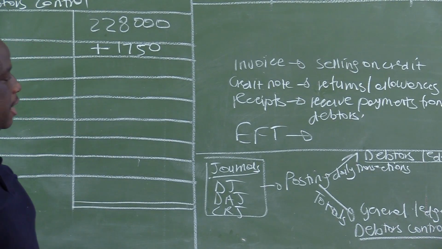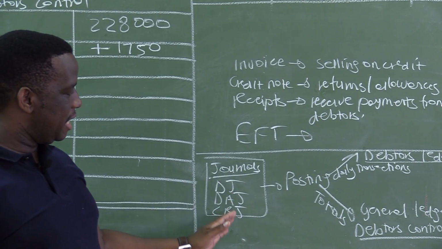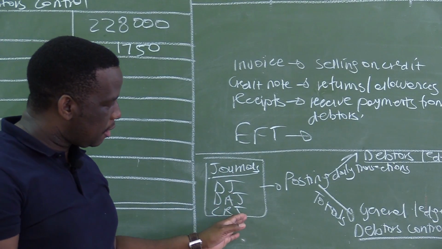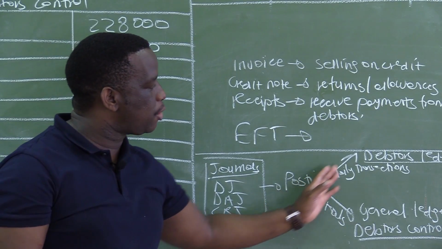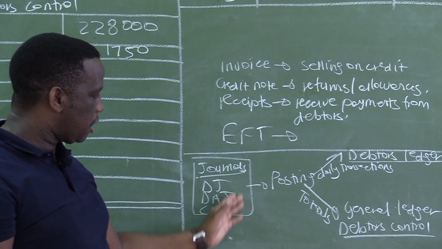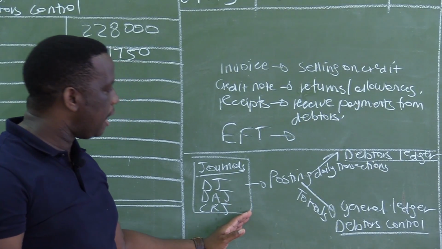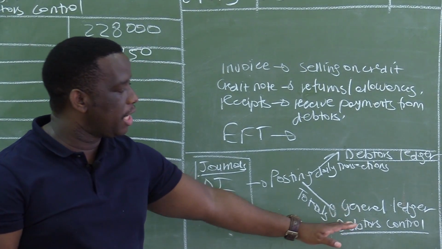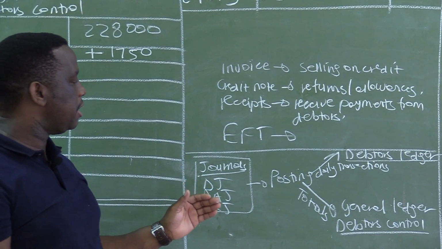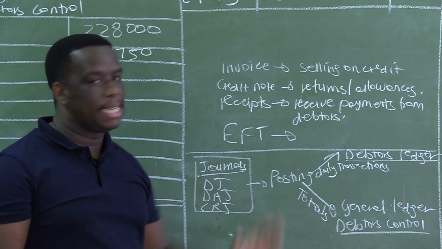But let's say the transaction was recorded in the journal, but was not posted to the personal account of a debtor. It means that if it was recorded here, the total that will be transferred to the general ledger will be the correct total. So when you are doing corrections, your corrections will only be in the debtors ledger.